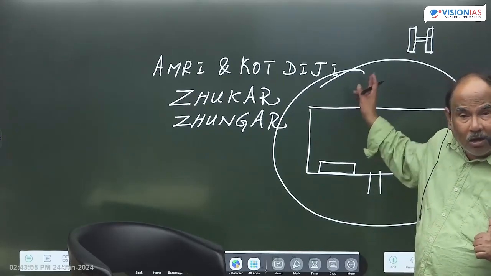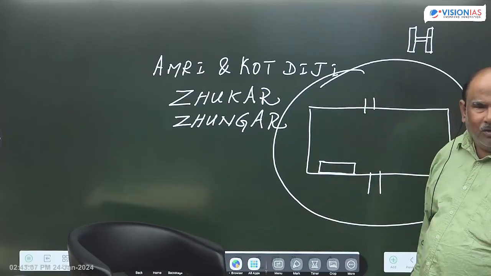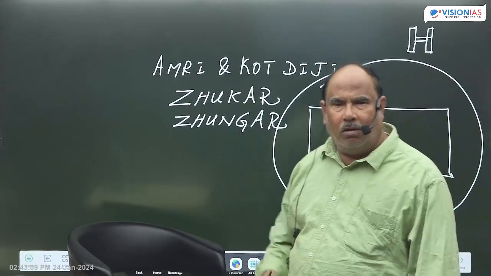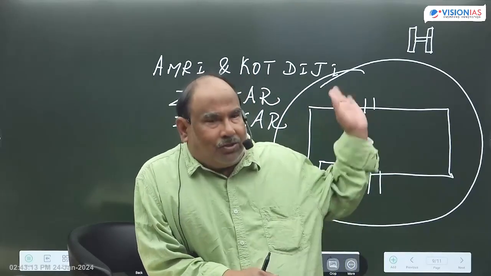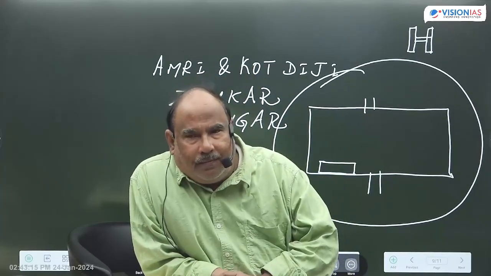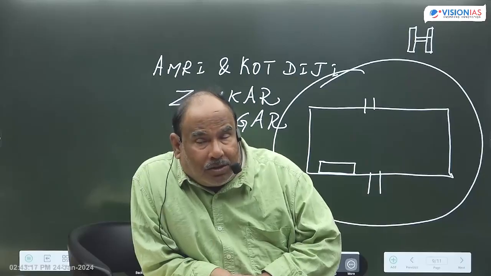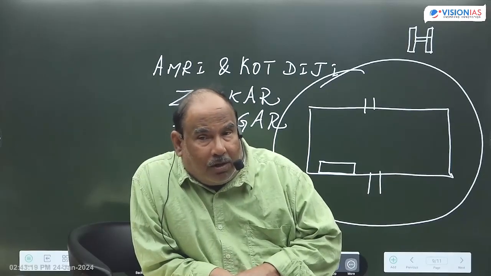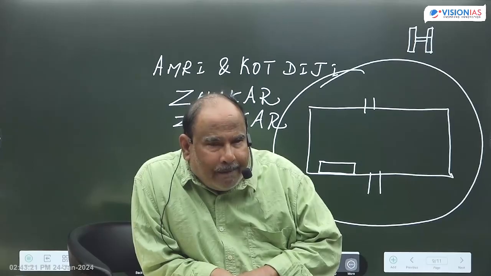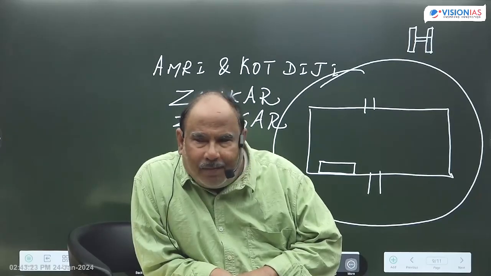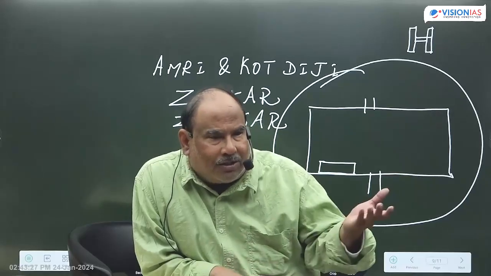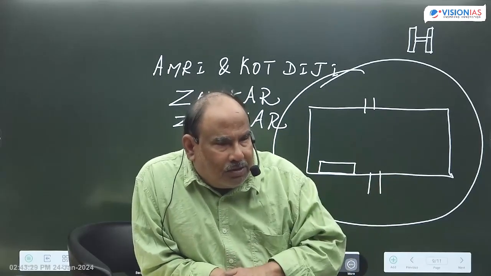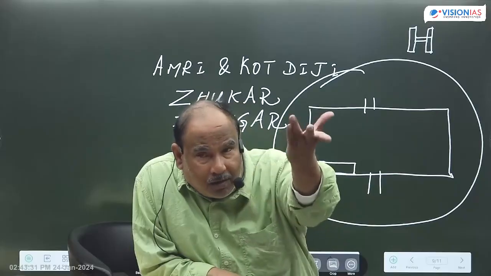It looks like the alphabet H. This is very peculiar. Nowhere else do you see a structure like this. That means, is this native or foreign? Only in Harappa you see it.